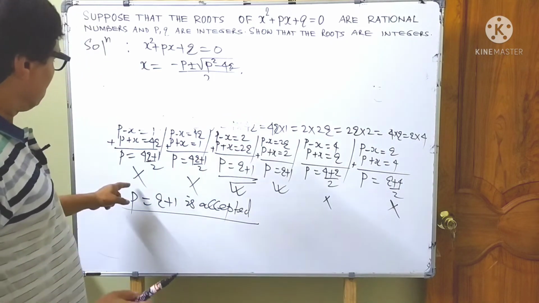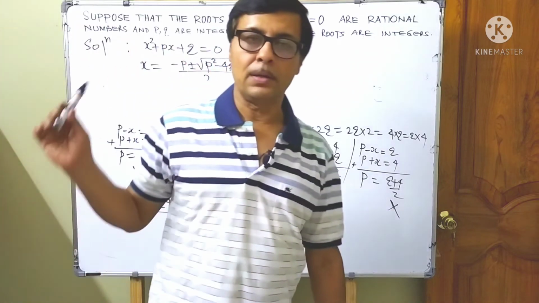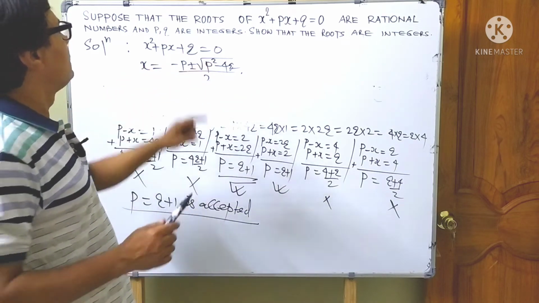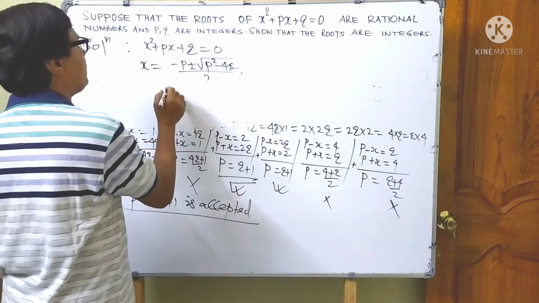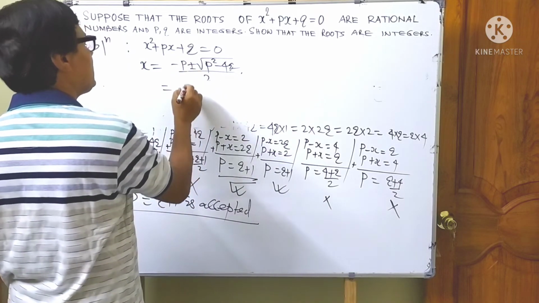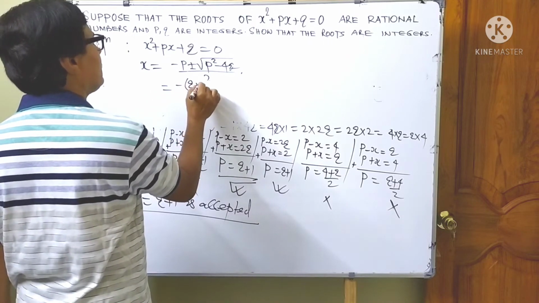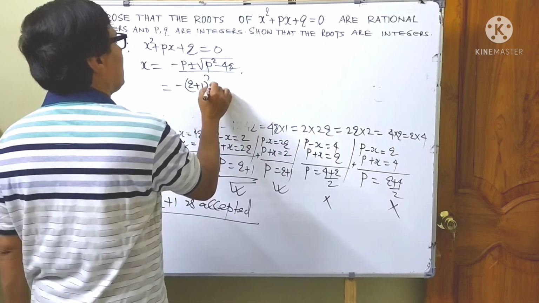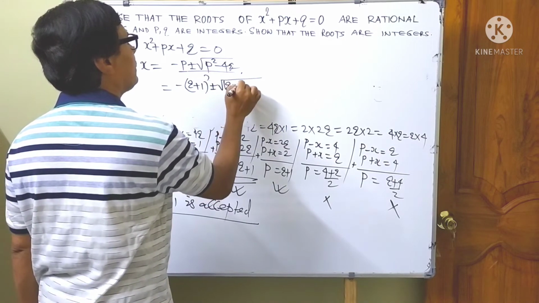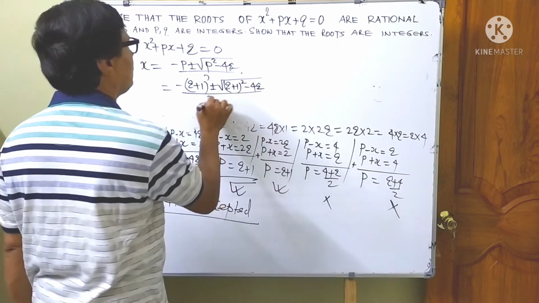We can apply this relation in this equation, that is x equal to this. After applying this relation, we get x equal to minus (q plus 1) plus minus root of ((q plus 1) squared minus 4q), over 2.